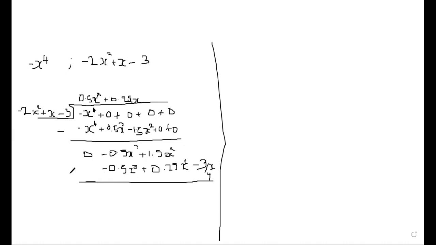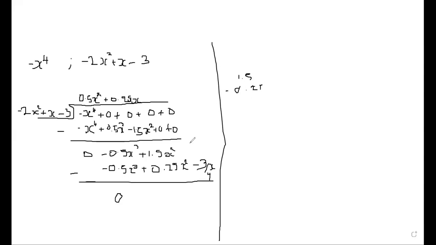Then at this point again, we subtract this minus that. This is going to give us a 0. 1.5 minus 0.25. It should be 1.25, right?